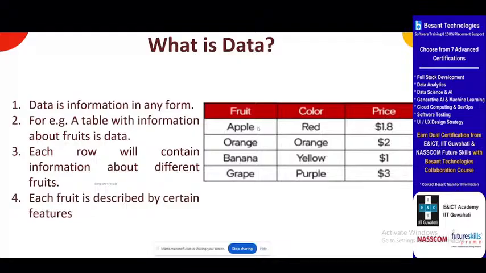For example, now in this data table, you are having the fruit names, and the colors over here. Apple is having a link with this red color, right? So you are maintaining a link for this red color and this dollar price.